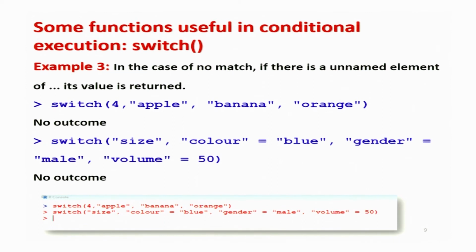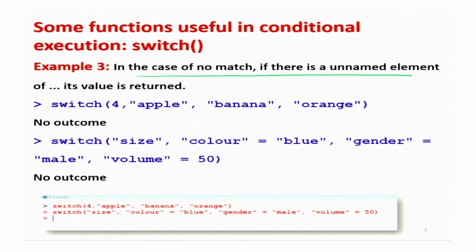Now in both these examples, what can happen? Suppose you give a value, either an integer or a string, which is not available in the list, then what happens? In the case that there is no match, or if there is an unnamed element, then nothing is returned, that means there is no value, no name, so there will be no outcome.